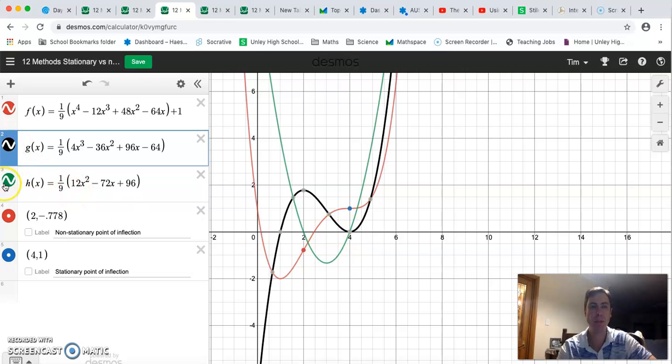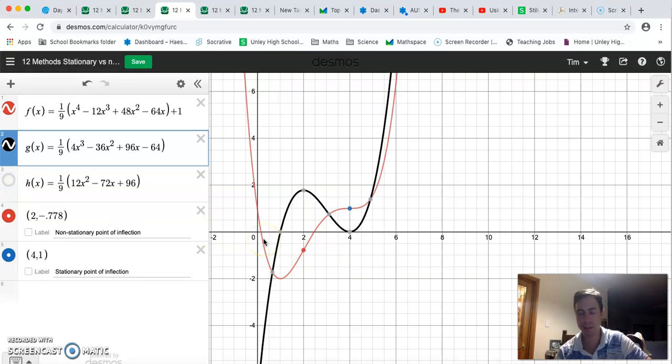But for one of those points, the first derivative will also equal 0. And as you hopefully might realize, first derivative equals 0 when the gradient equals 0, and the gradient equals 0 for a stationary point of inflection.